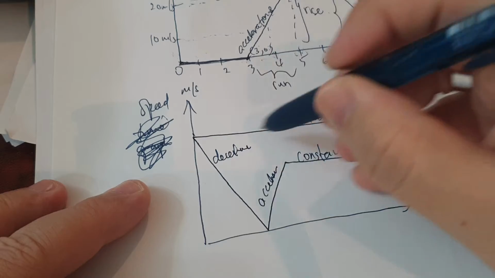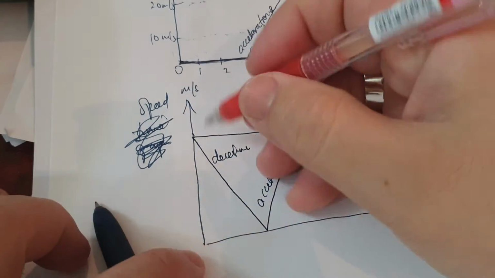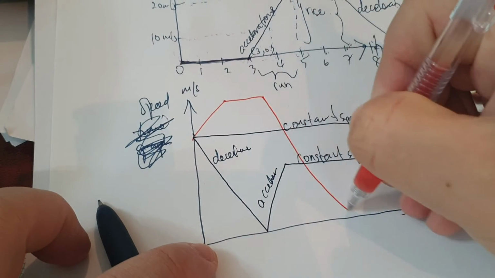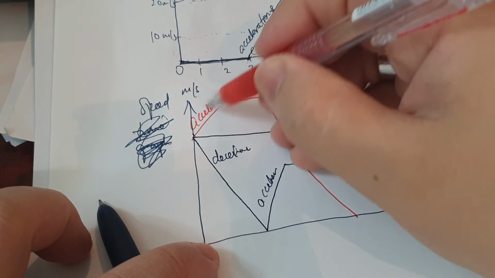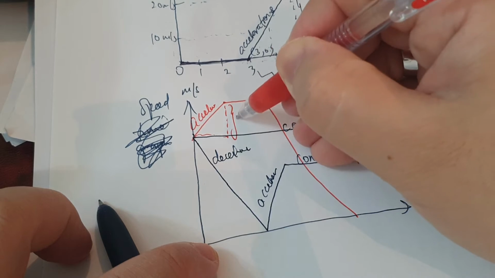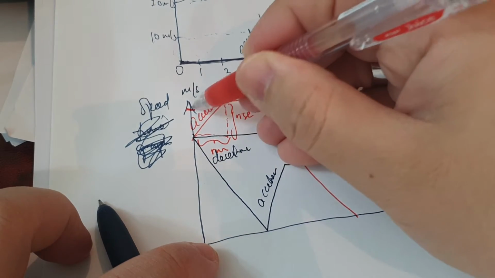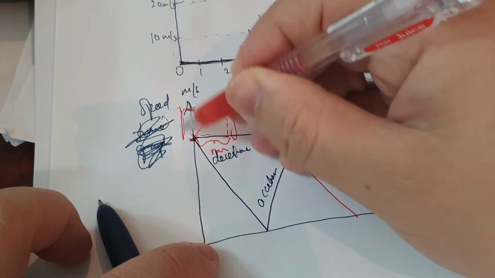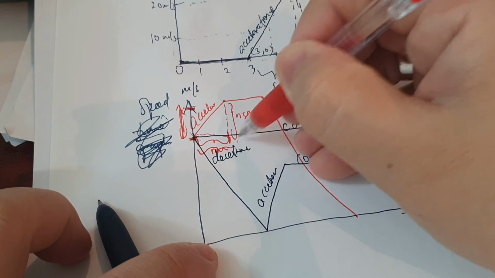One last one. What if it's like that, then like that, then like that? To find this acceleration, you have to draw a right angle triangle here and find the rise over the run. Remember, the rise is this value minus this value, because we only want this length, and this value minus this value is the run.